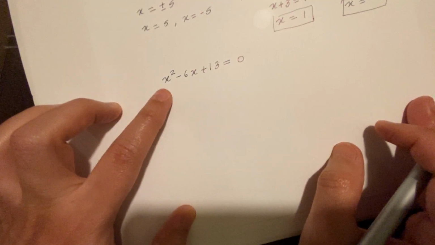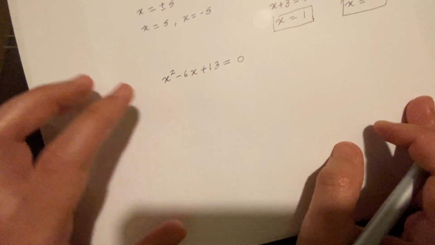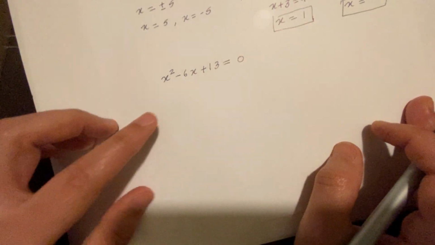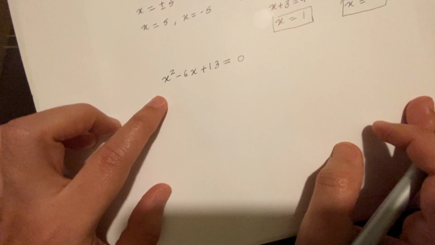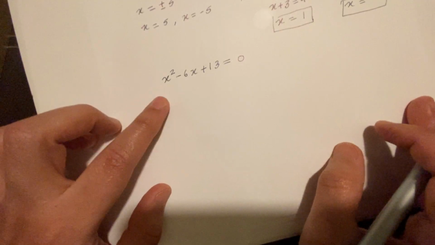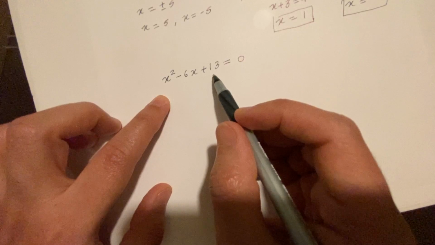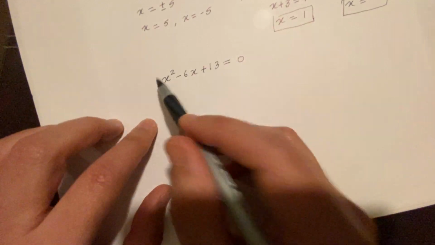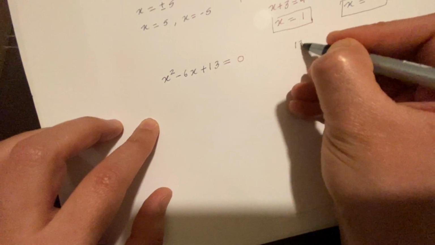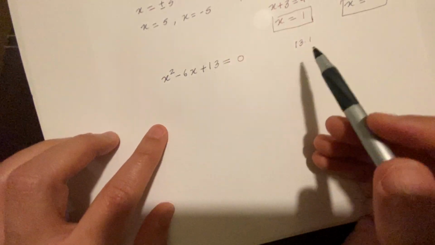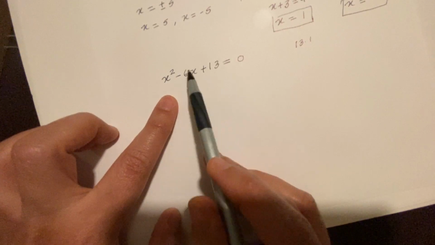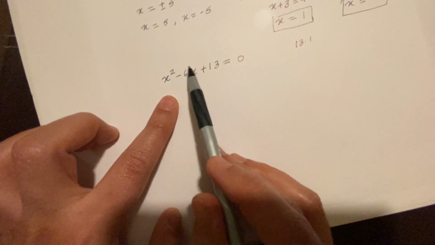We know this is a quadratic equation, so whatever we have done so far, basically we can solve this by the AC method, right? A times C method. So we need to find the factors of 13, right? Because 13 times 1 is 13. But the factors of 13 are just 13 and 1. So I don't think we can use 13 and 1 and get this negative 6x, right?